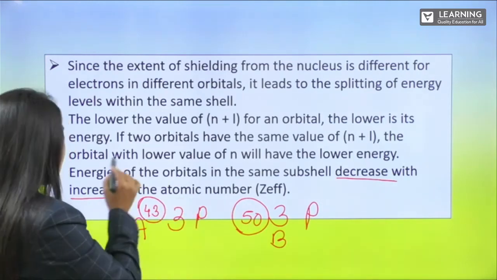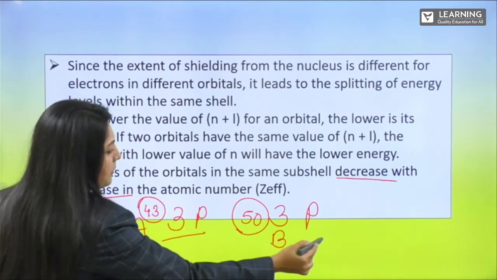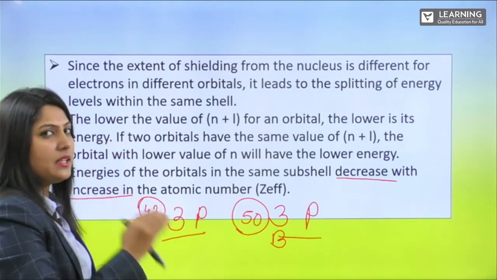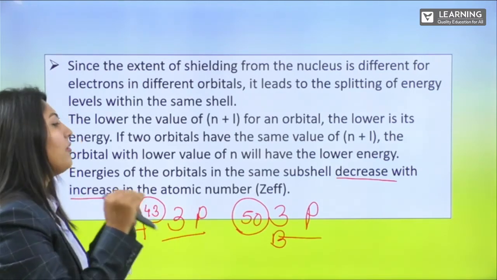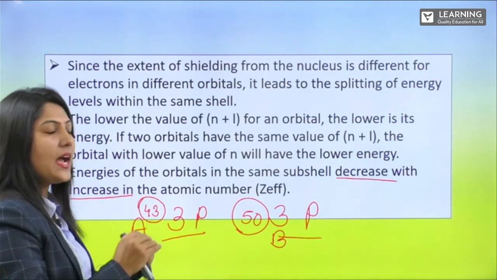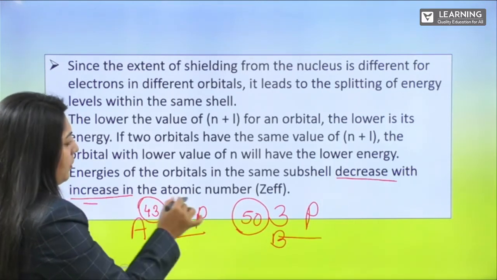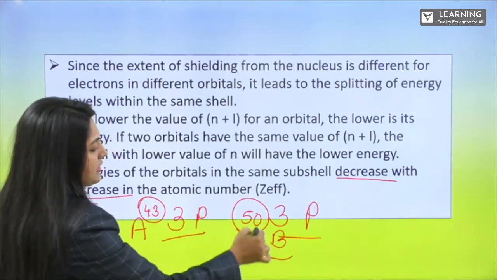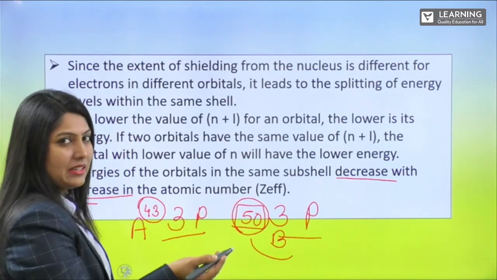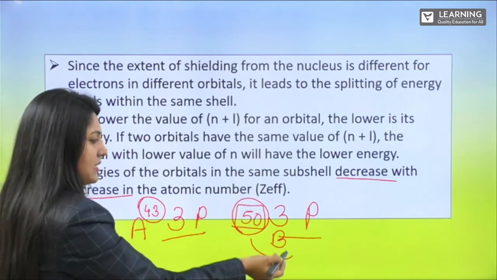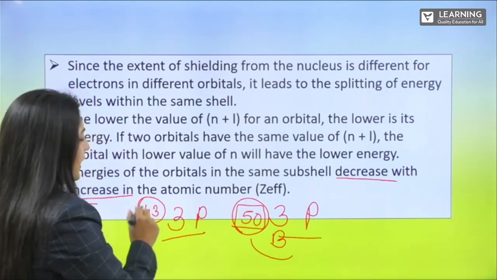I repeat, for the same subshells, 3p and 3p, if I take two different atoms, which will have lesser energy among A and B? It will be B, because the atomic number is increasing for B. As the atomic number increases, B will have lower energy than A.